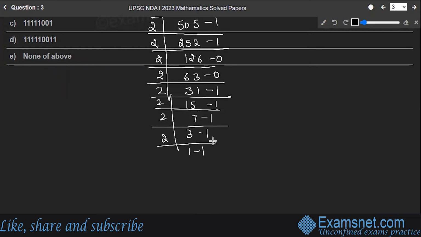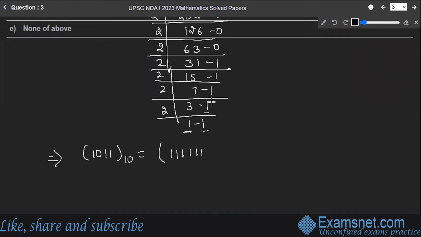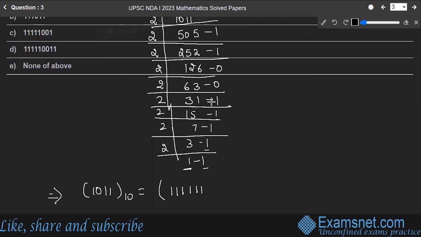So the binary equivalent will be given by, let's start from the back: 1, 1, 1, 1, 1, 1, 1, 1, 1, 0, 0, 1, 1. Okay, so this is the binary equivalent of this number. Let's check with the options what we have.